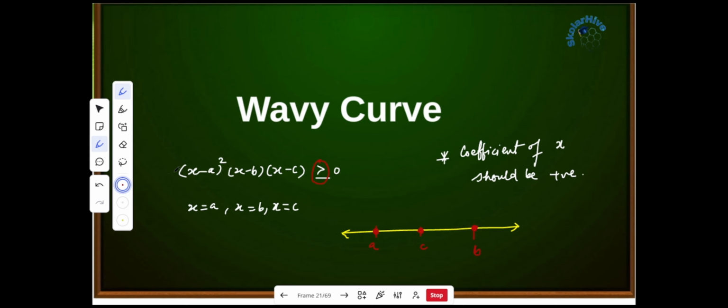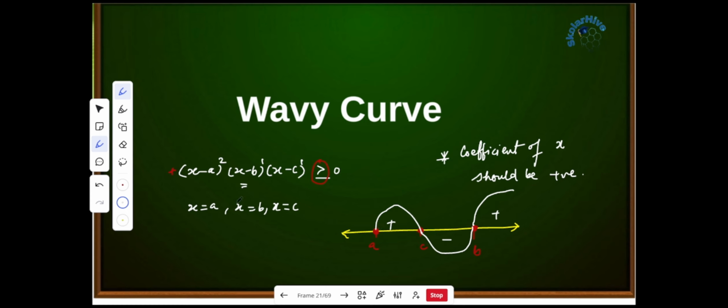Now as the sign over here is positive, the curve will start from above the line and reach B. Here B is the zero of this particular factor and the exponent is an odd number, so the curve will change from positive to negative and reach C. Here also C has a factor with an odd power, so again it will change from negative to positive.